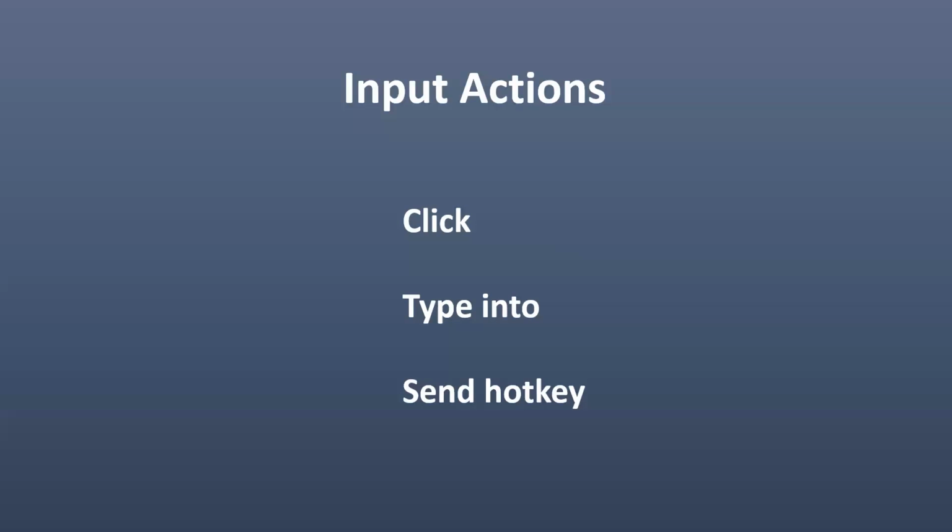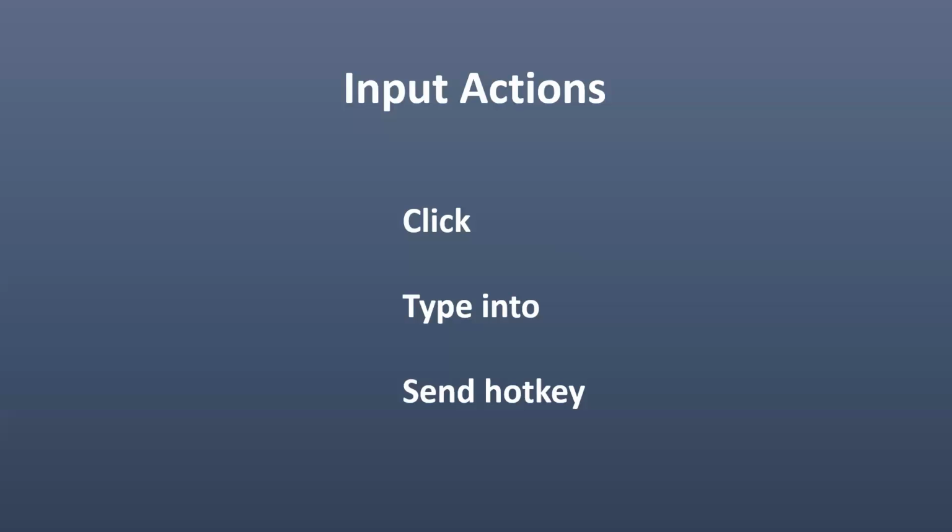Either we use a mouse and click, or we use the keyboard to type something in, or we use some shortcut keys like Control C, Control V and all. These are the only things we as humans perform. Similar to that, we have dedicated activities in UiPath where the bot can also do this action. So that is input action.